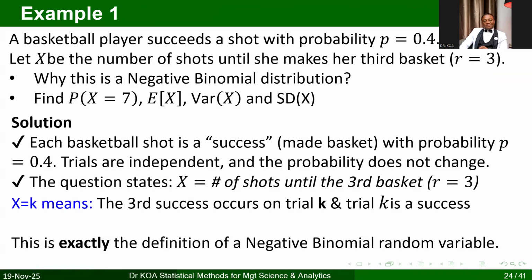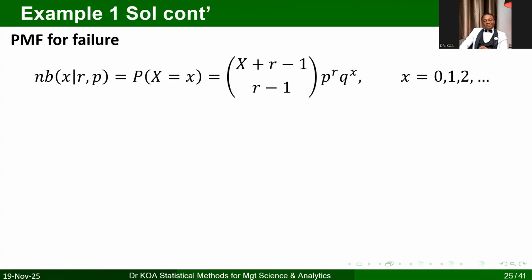So you're going to have X to be 7, right? So the top part, let me just put it here. So let me give you the formula first of all. In this case, capital X is going to be 7. And then R is going to be 3.